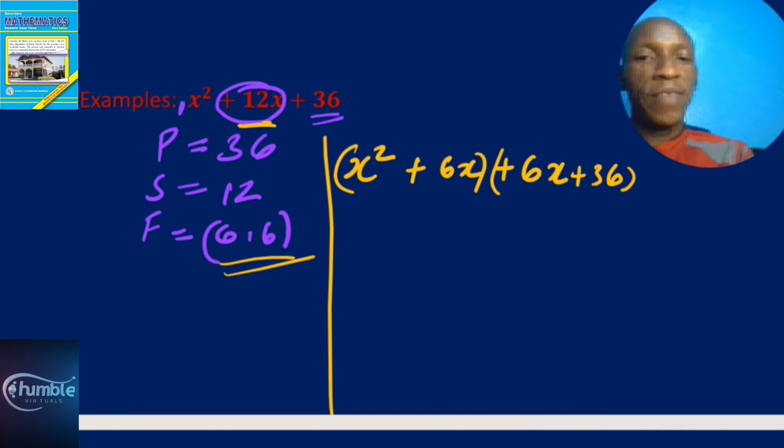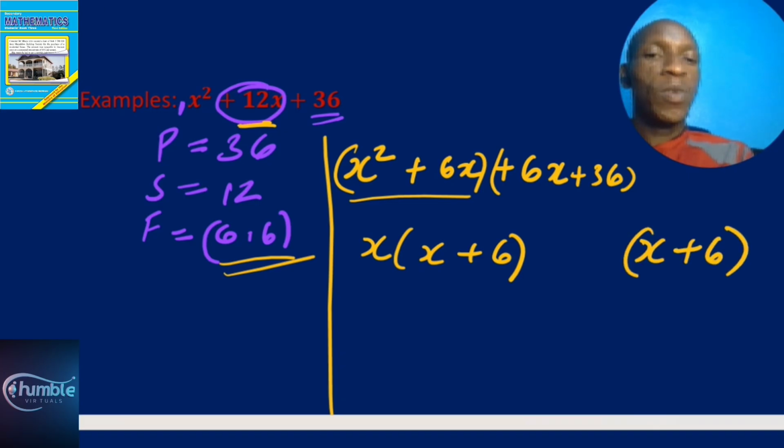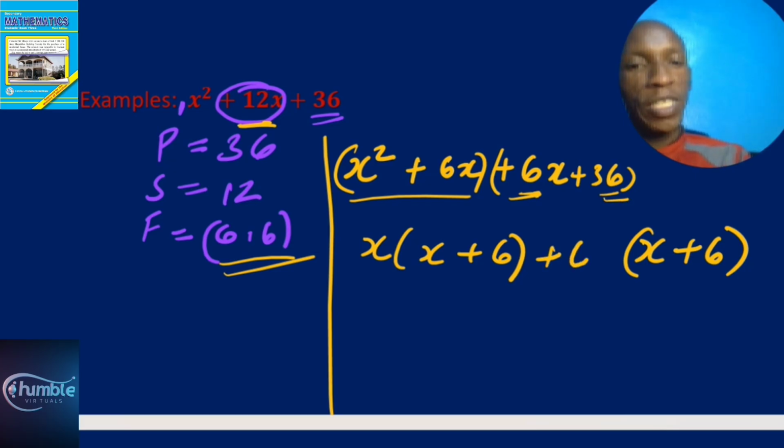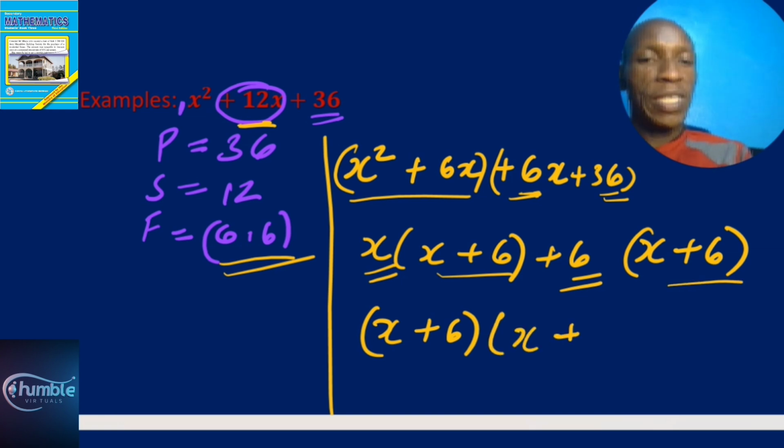In the first group, what is common is x, so it will be x into x plus 6. Then what is common between 6x and 36 is positive 6, and we pick the components outside the bracket, x plus 6. This bracket and this one are the same, so pick one of them and bring it here.